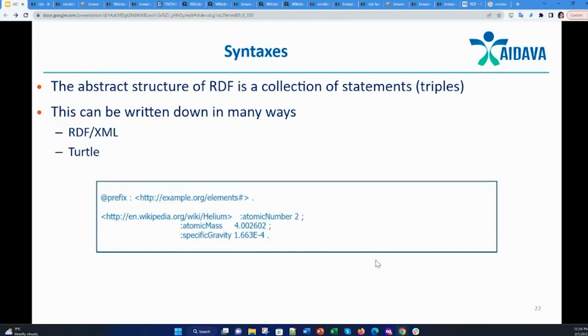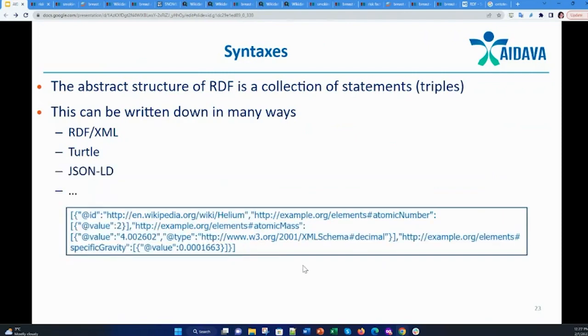Here we see the same information presented in Turtle format with the different types of relations: atomic number, atomic mass, specific gravity. These numerical values are literals, and helium is our URI with the relations to those literals.